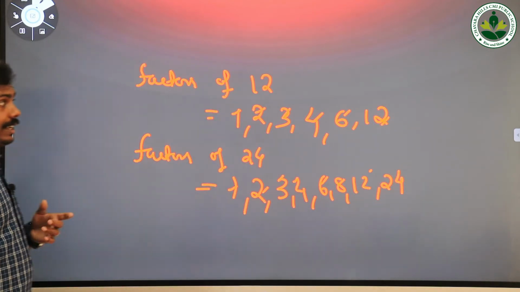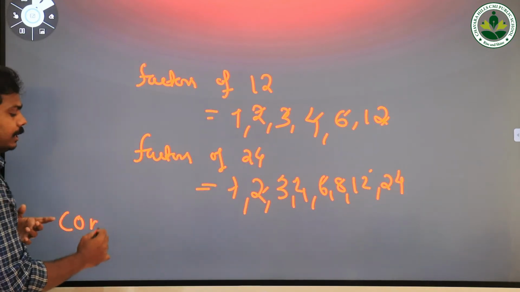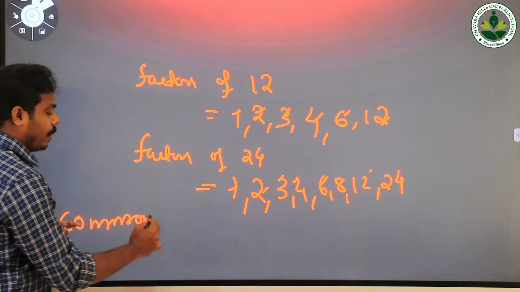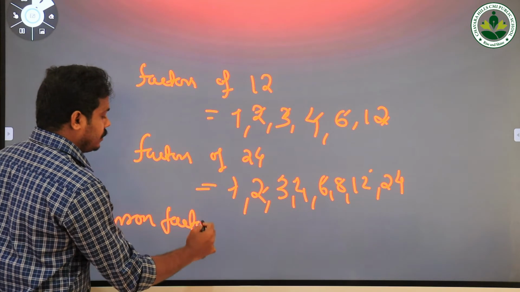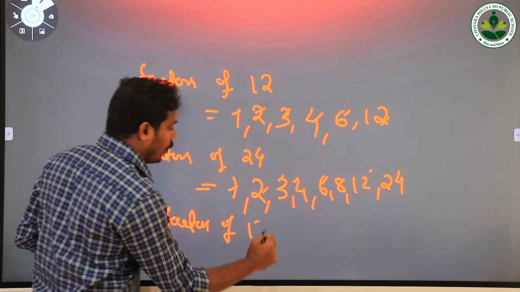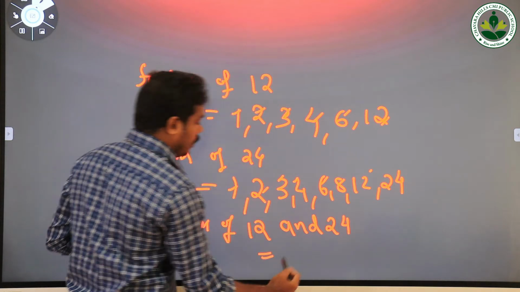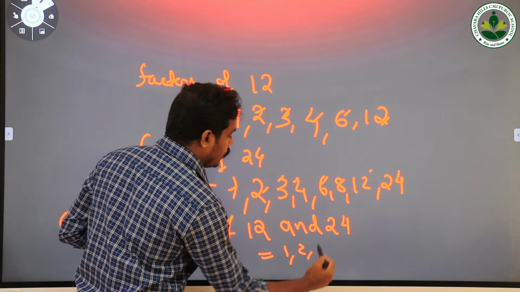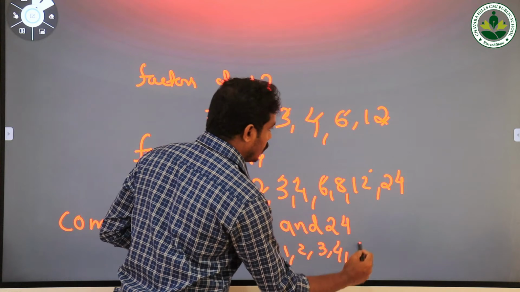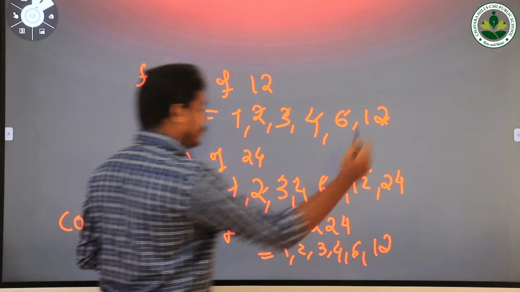So the common factors of 12 and 24 are 1, 2, 3, 4, 6, 12.